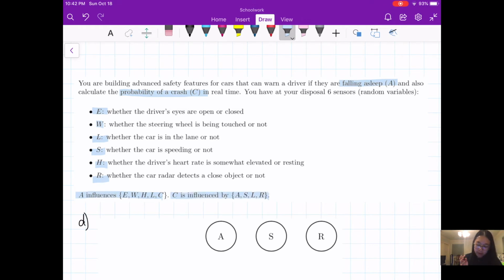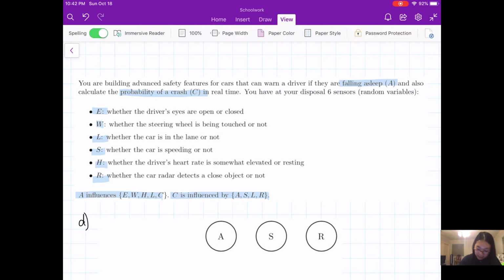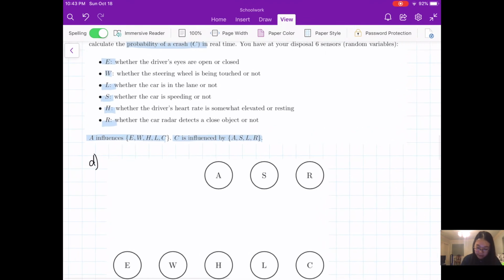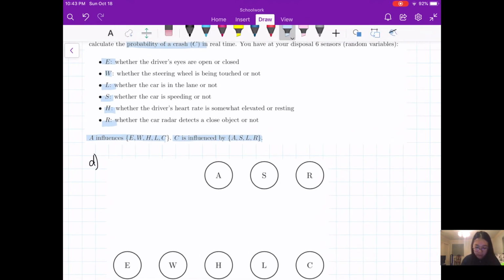In a Bayes net, to be influenced by something means you must have an edge from the influencer to the one that is influenced. So if we come down to the nodes that we see here, we can start drawing the edges.